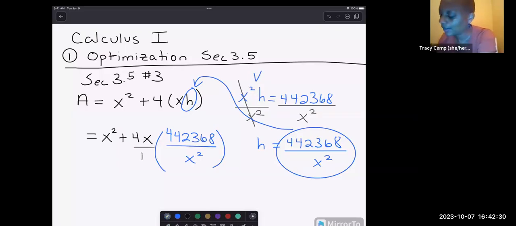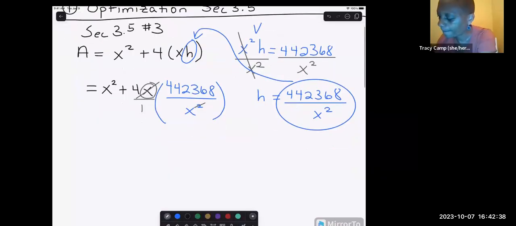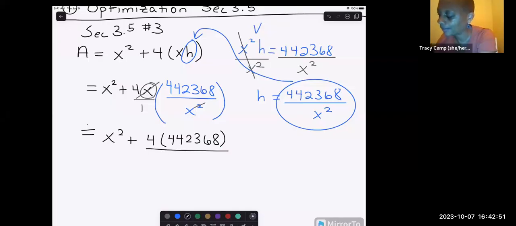So we can cancel out an X. And I end up with X squared plus 4 times 442,368 over X, over just 1X. And that's my answer. This is my A of X.